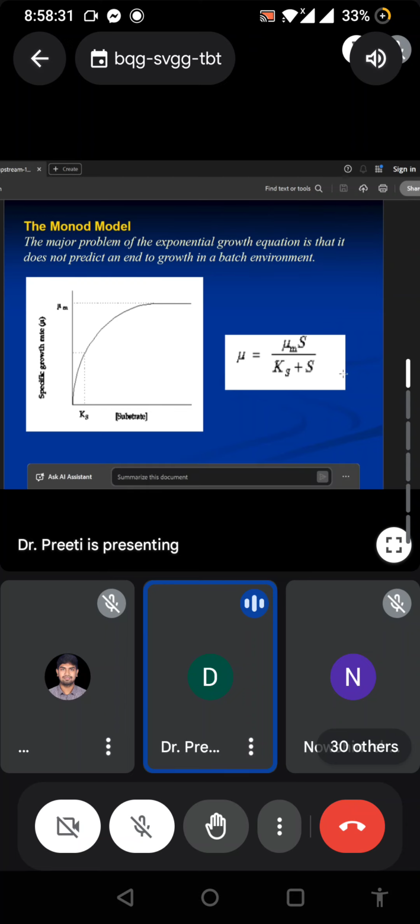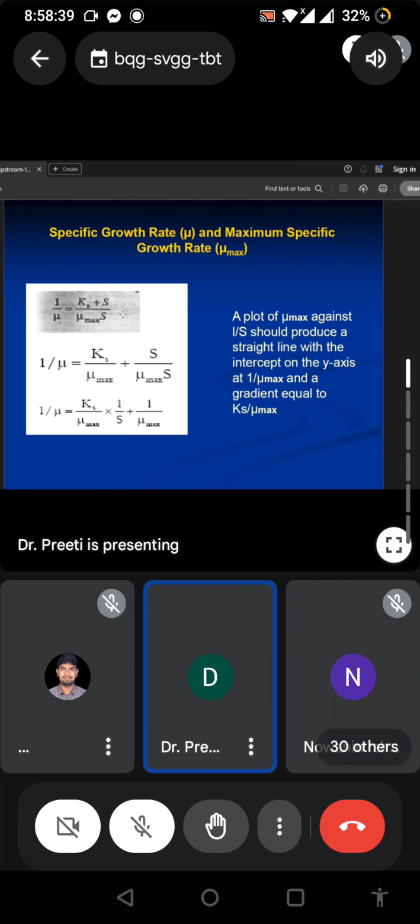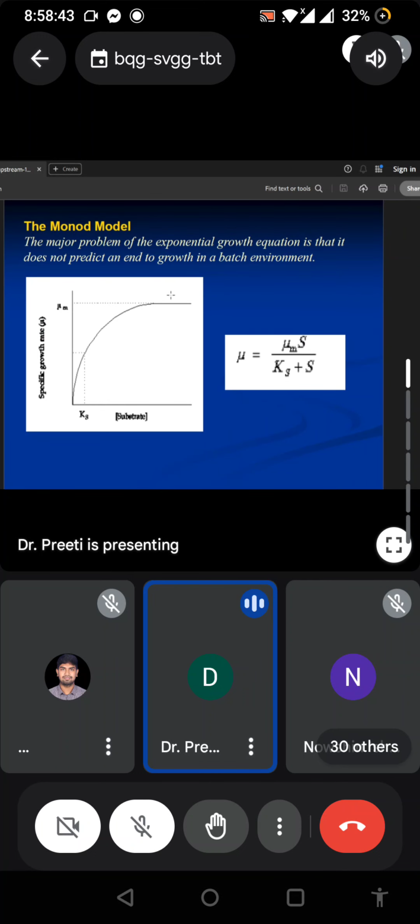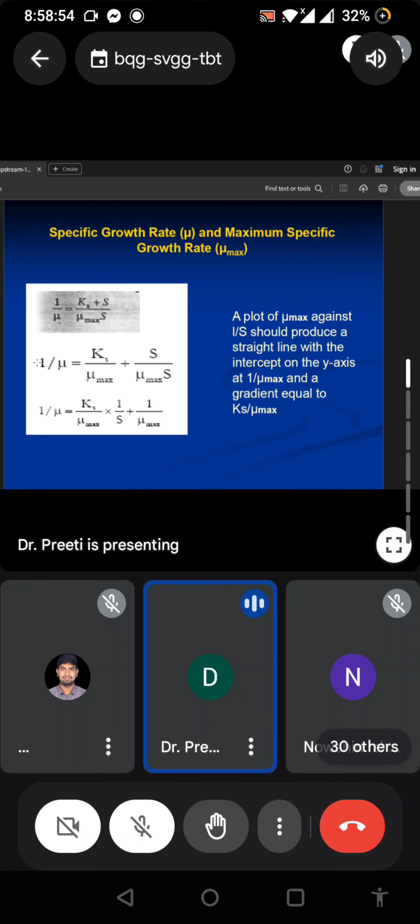The advantage of taking the reciprocal of both sides is that you get the equation of a straight line, so we can easily find all parameters from the x intercept and y intercept. So if you take the reciprocal of both sides, your equation becomes y equals mx plus c.